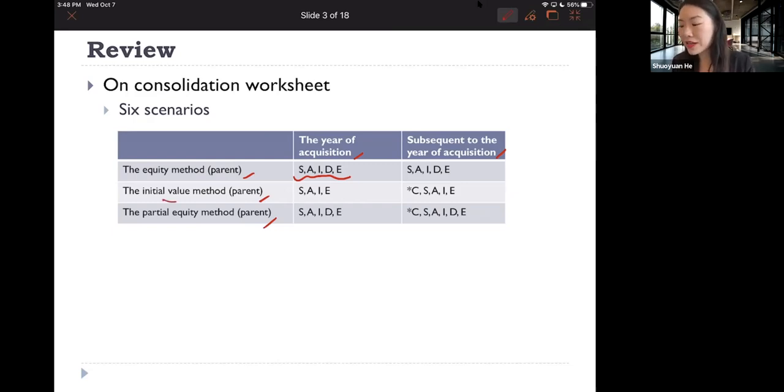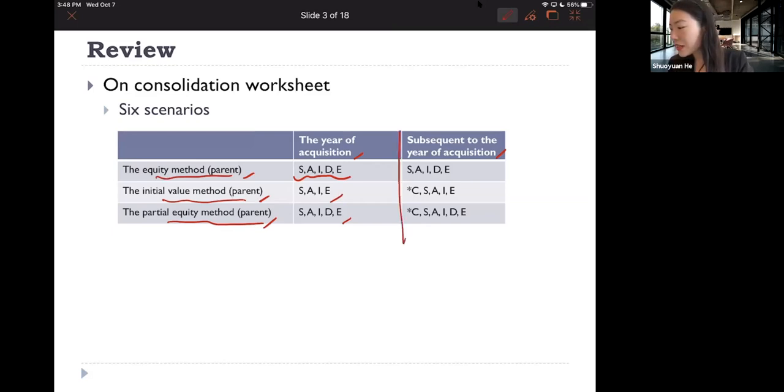However, if the parent is using the initial value method, the entries are S, A, I, and E. D is already taken care of by consolidation entry I, so we don't need consolidation entry D here. And if the parent is using the partial equity method, the consolidation entries again are S, A, I, D, E. Here, the entries are very similar to the equity method, but the numbers will differ a little bit.